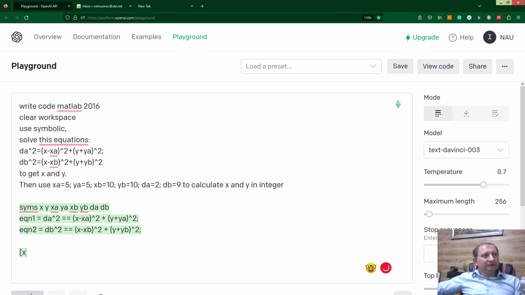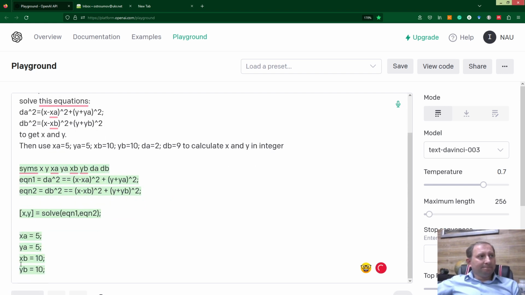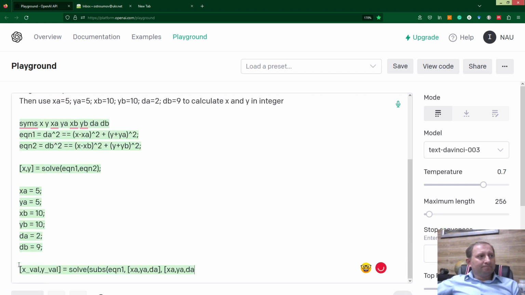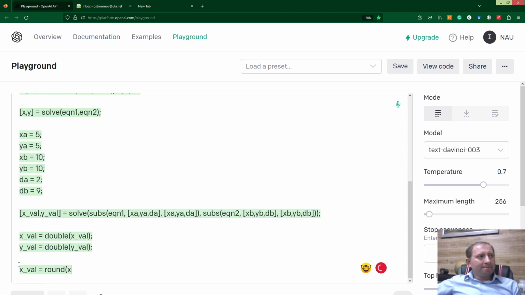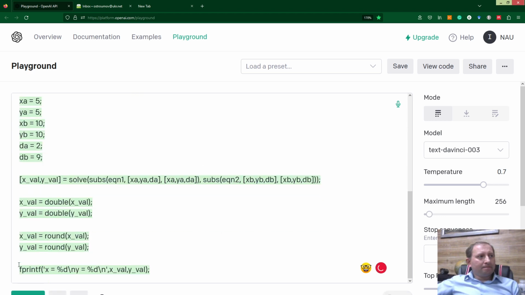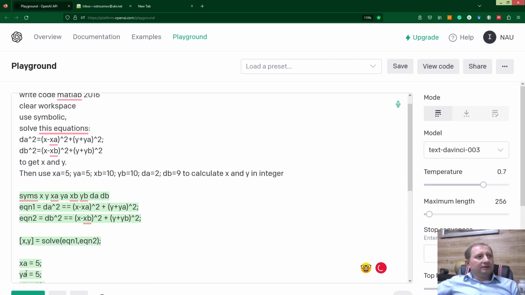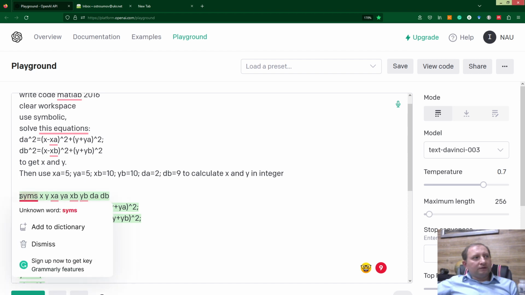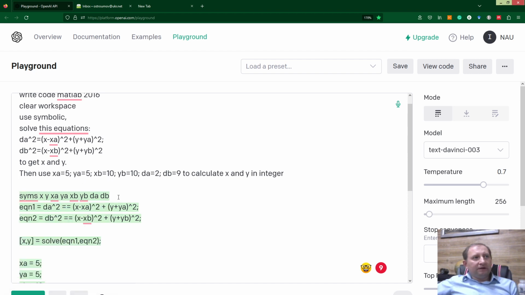And what we can see here, first of all, ChatGPT introduced symbolic variables.